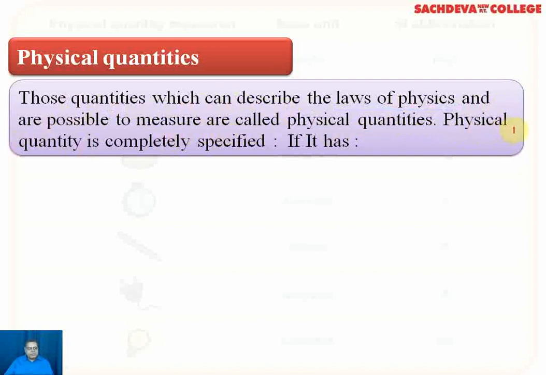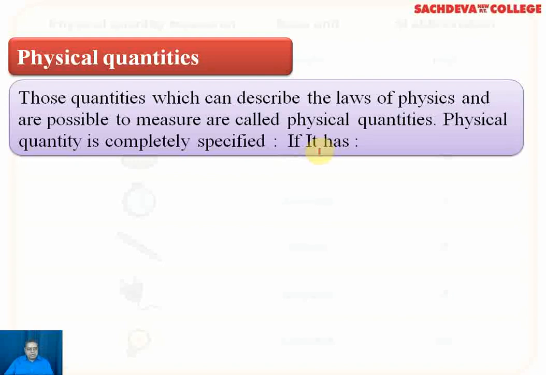The physical quantity is completely specified. So whenever we use the term physical quantity, there will be complete specification regarding it, whether it is velocity, acceleration, force, momentum, impulse, etc.